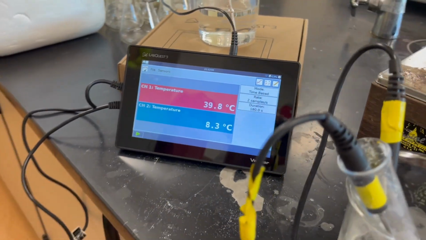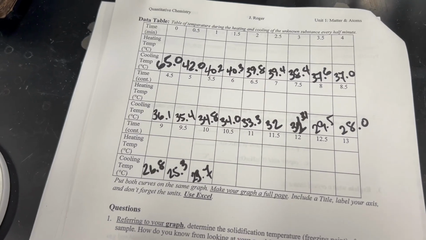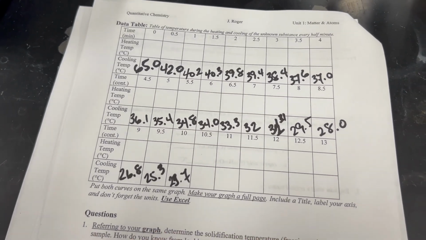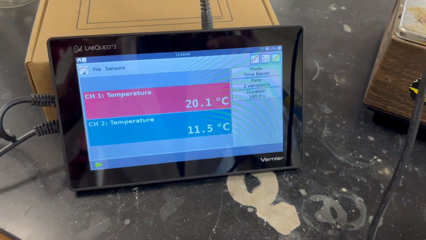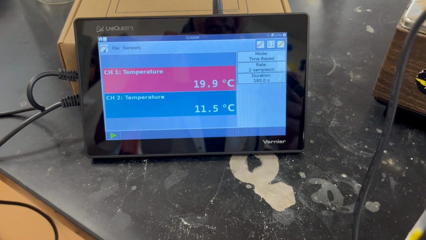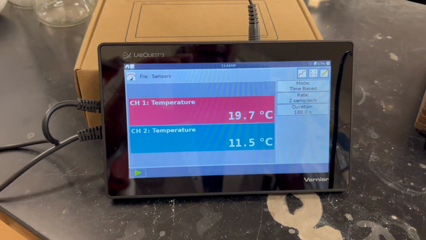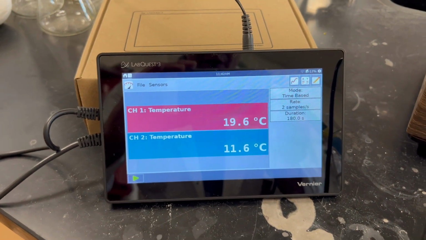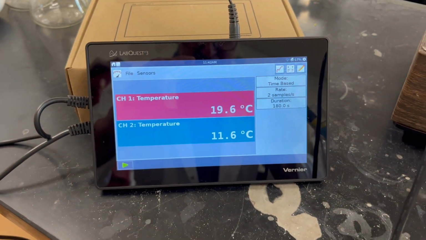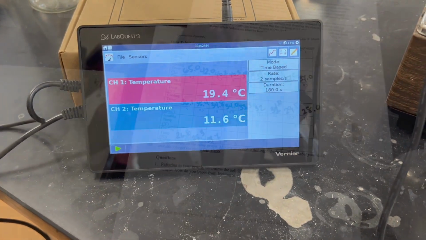The cooling process has now gone for 10 minutes, and we have recorded all of our temperatures. The cold water bath has remained around 10 degrees Celsius, and our sample is now below 20, so we can stop recording. We will use this sample to do the heating curve next.